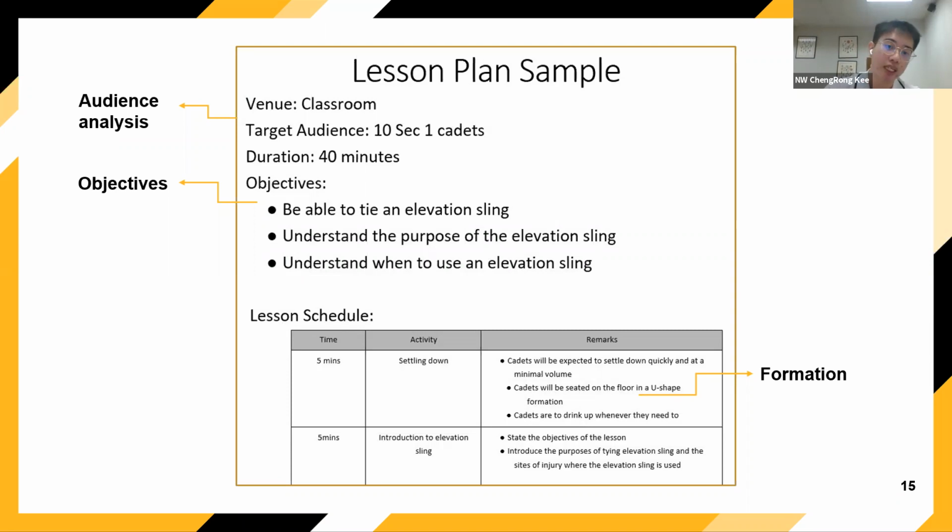I'll go to the second activity, introduction to elevation sling. To the left of it, you should notice there's a time, 5 minutes for the activity. To the right, there's a remark section, which showcases the details that are going to be done during the activity. So: state objectives of the lesson, introduce the purpose of tying elevation sling, and so on.